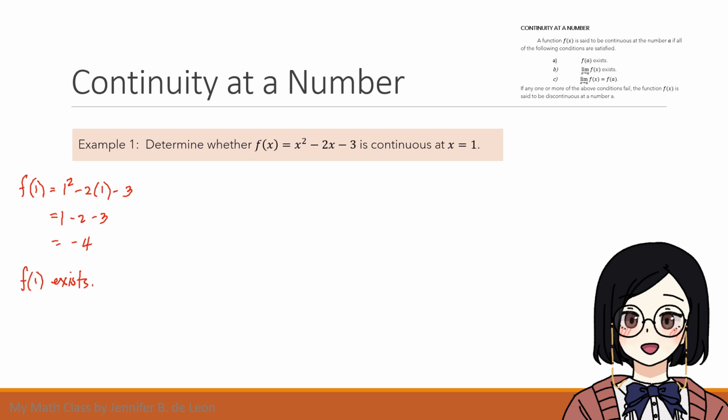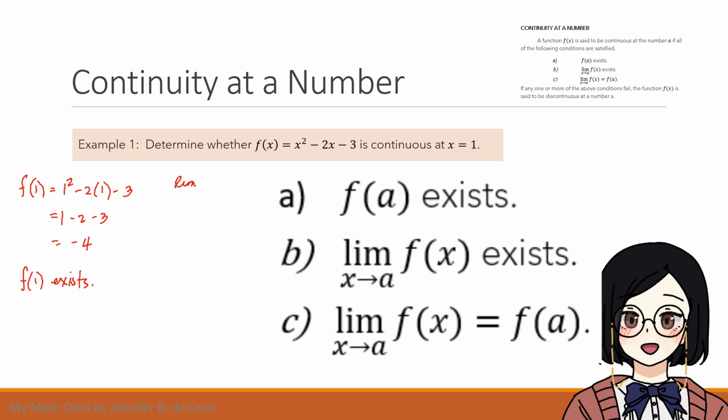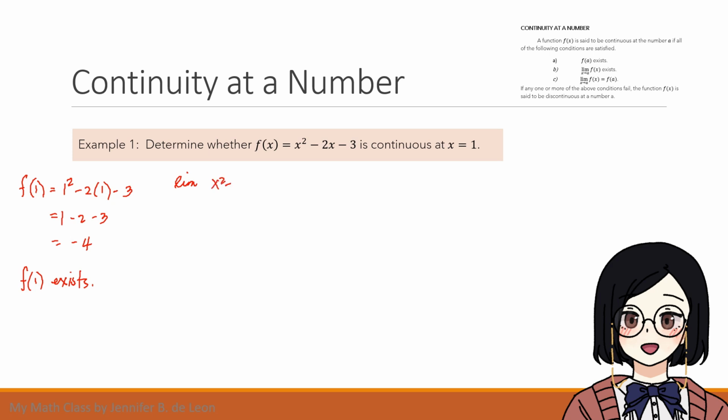Now let's show whether the given function satisfies the second condition, wherein the limit of f of x as x approaches a exists. We now show that the limit of x squared minus 2x minus 3 as x approaches 1 from the left is equal to the limit of x squared minus 2x minus 3 as x approaches 1 from the right. We evaluate the two limits at x equals 1.